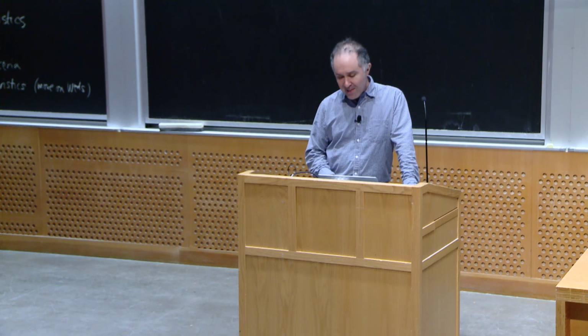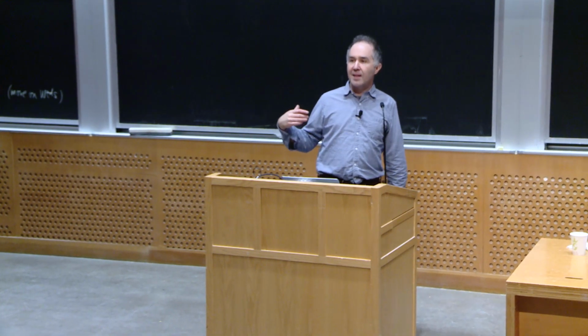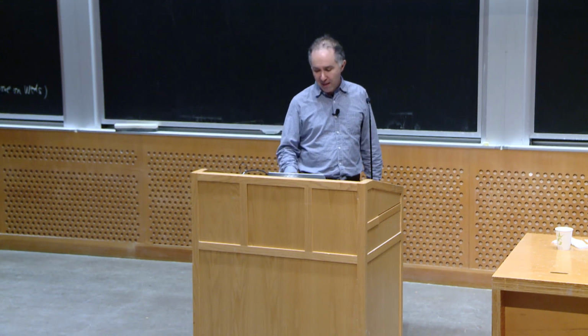There is, in fact, a whole field that this evangelist, Amber Case, who was here on sabbatical at MIT last year, has been promoting, which is this idea of calm technology. The idea is to design a user interface so that it treats you in a nice way and makes your life better.